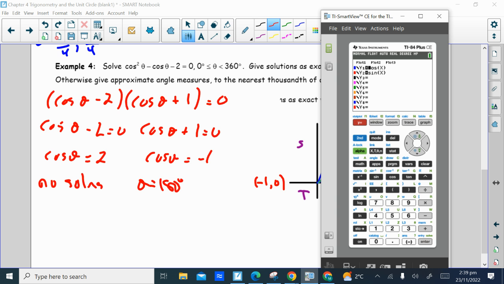Now, you could also check it graphically. If I put this equation into my calculator, again, I'll have to open up a bracket so I can square the cosine of x, minus the cosine of x, close the bracket, minus 2. If I hit graph, I could change my windows here because my windows now have to be from 0 to 360.